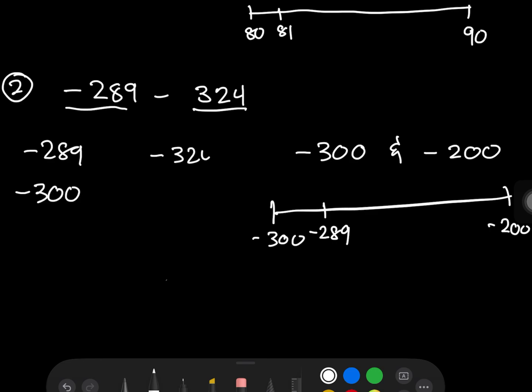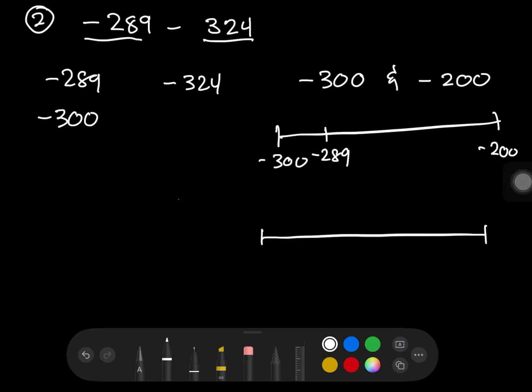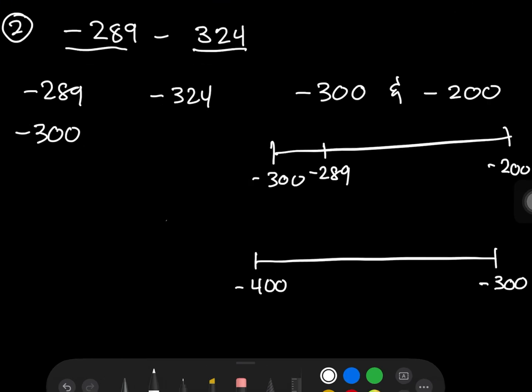While negative 324, again if you draw your number line, is between negative 300 and negative 400, where negative 324 is around here. It's just an approximate, right?